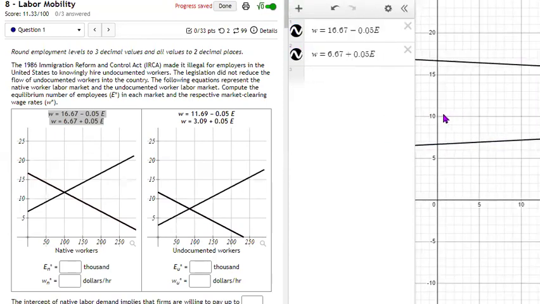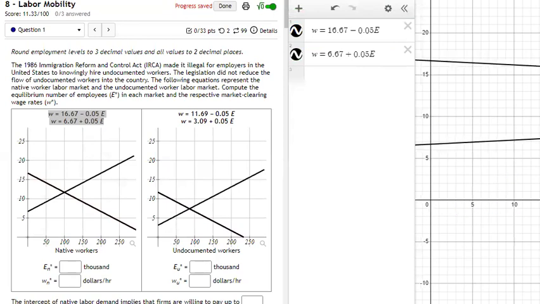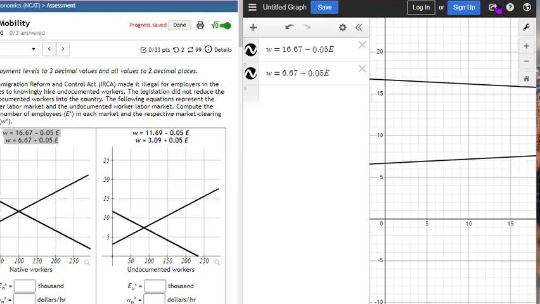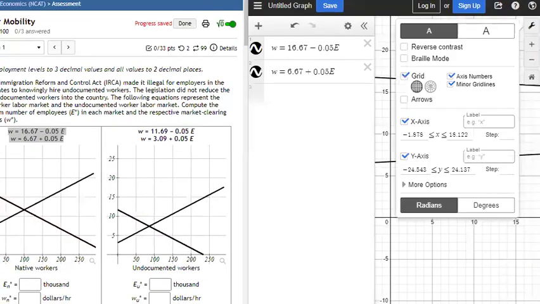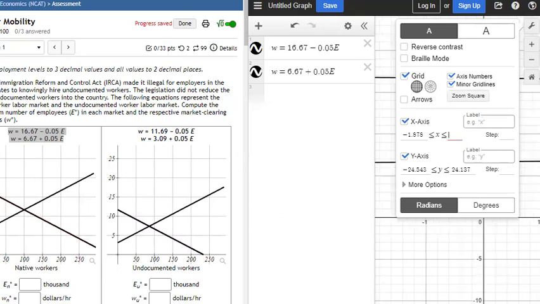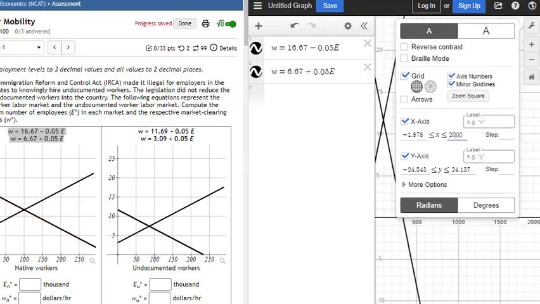And then I've got to fix the x-axis. So I'm going to click on the wrench here. And notice that 250 is the maximum x value here. So I'm going to change that to 250, or I'll change it to what, 200? 200 is good. Okay.